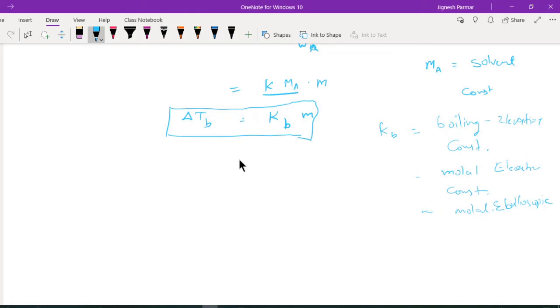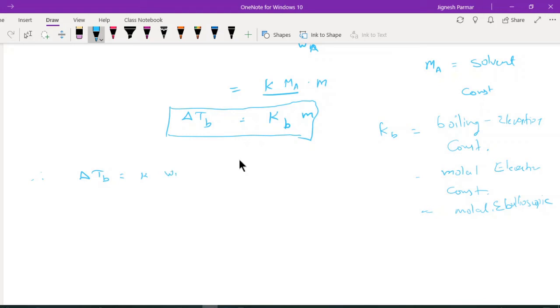So elevation in boiling point depends upon the relative number of moles of solute and solvent, but does not depend upon the nature of the solute, and that's why delta Tb is considered a colligative property. And now how can I use this formula to find the molar mass?